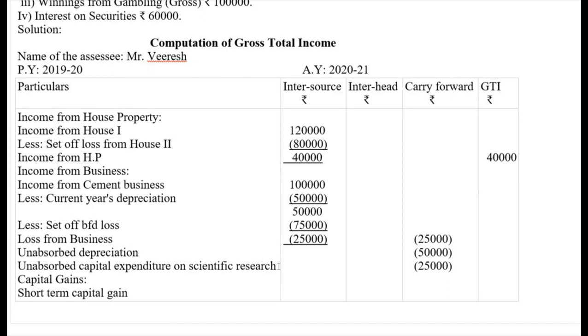So the short-term capital gain is given as rupees 25,000. Then similarly, there is a long-term capital loss which should be carried forward here. So such loss is rupees 20,000 here.